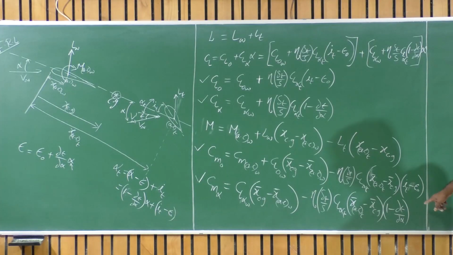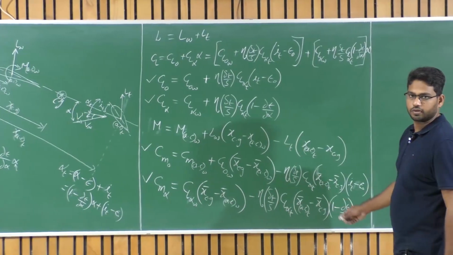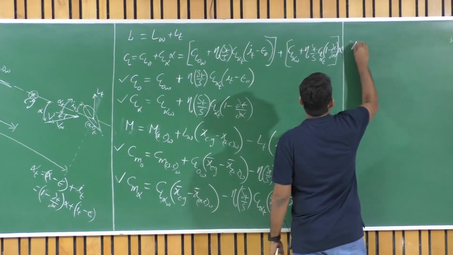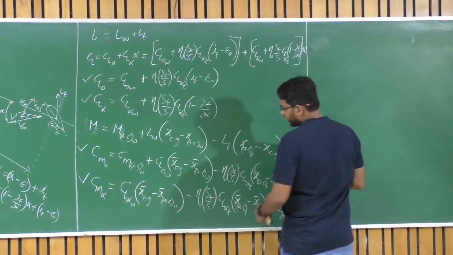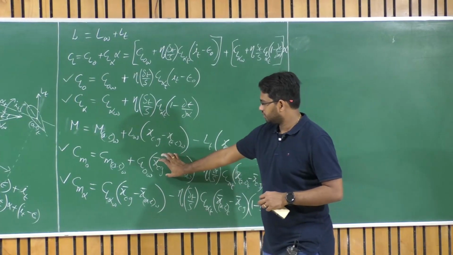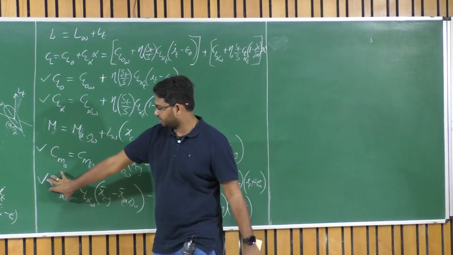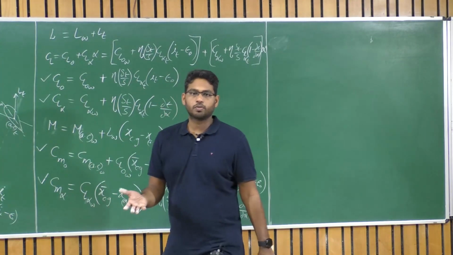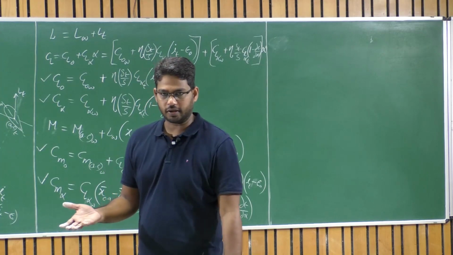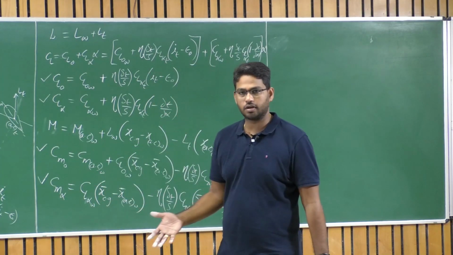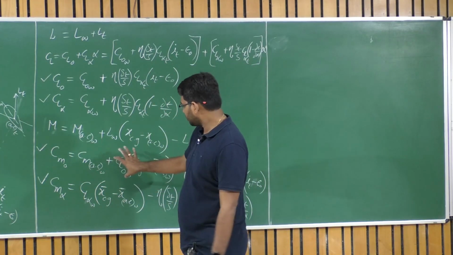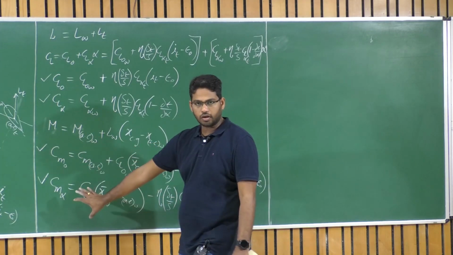And further we proceeded to figure out what is the neutral point of this configuration, which is x np. It's a location of the CG, right, for which of the entire aircraft, for which this Cm alpha becomes 0, or the pitching moment is independent of angle of attack. That means about neutral point we have Cm naught, but not Cm alpha.